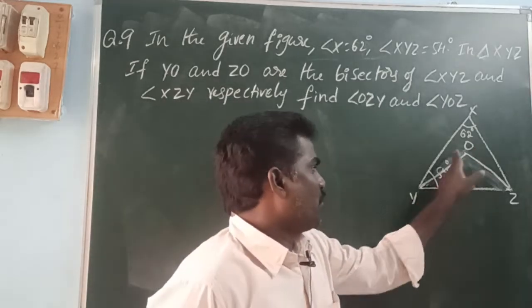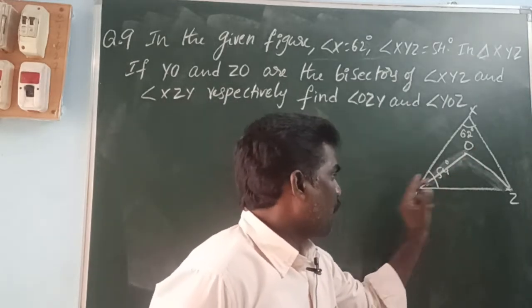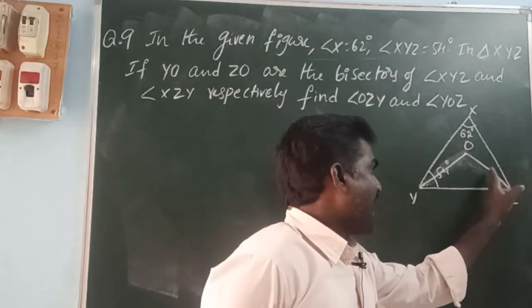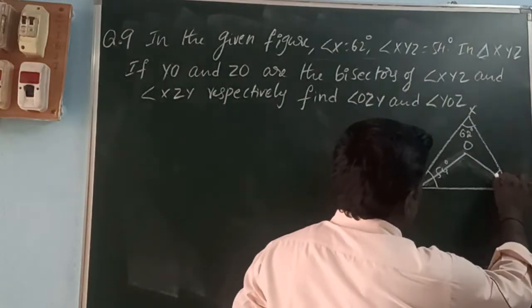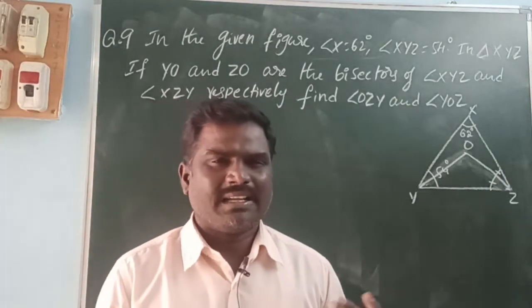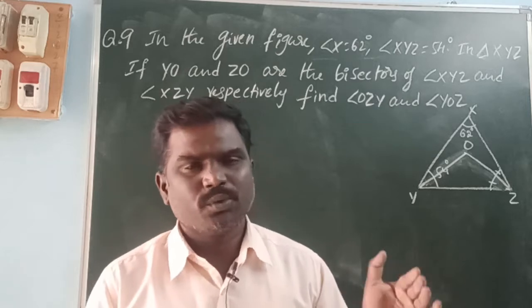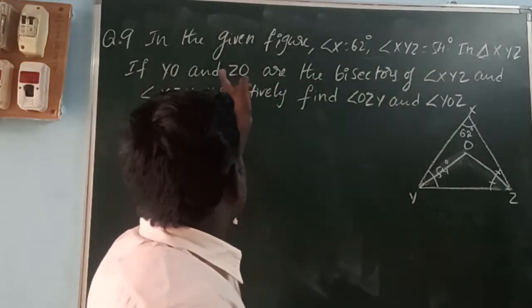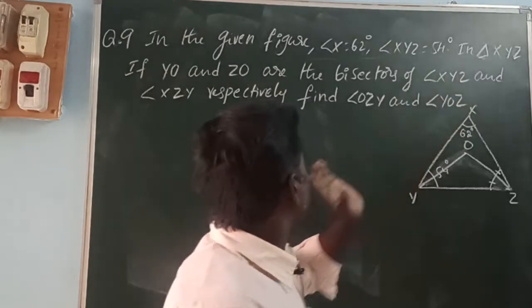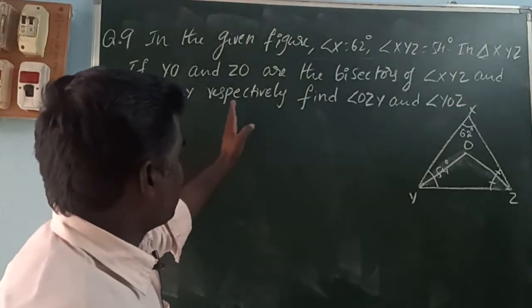So YO is dividing angle Y into two equal parts. Next, OZ is dividing angle Z into two equal parts. So here YO and ZO are the bisectors of angle XYZ and angle XZY respectively.